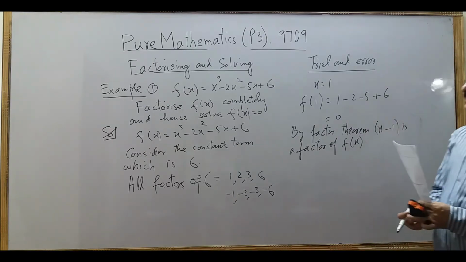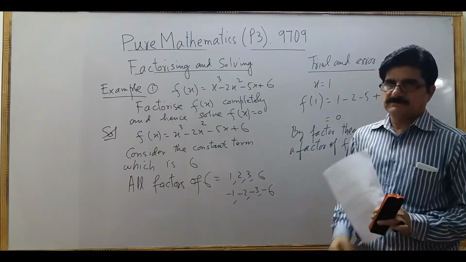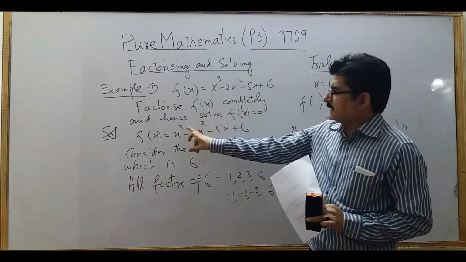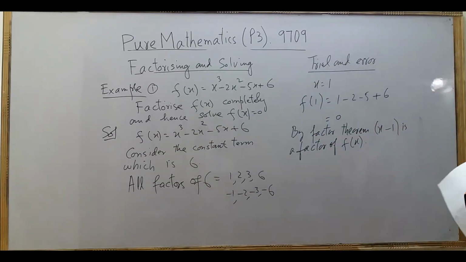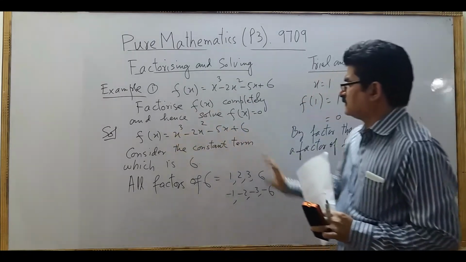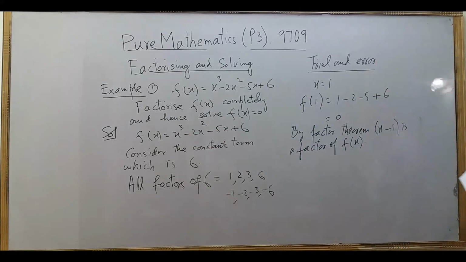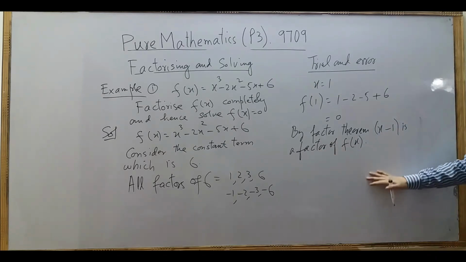Now, according to the theory of equations, the highest power is 3. So this equation will have maximum 3 solutions or 3 factors. Therefore, we need to find 2 more factors.